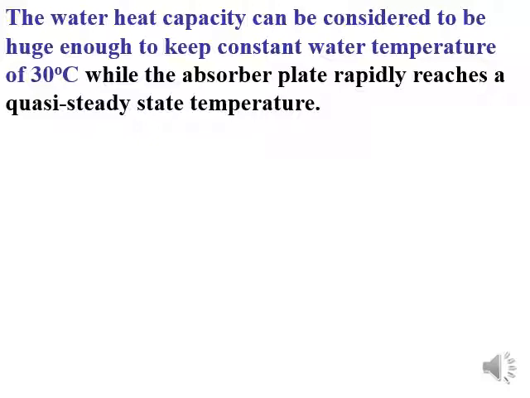This will keep the lower surface temperature at 30, while the absorber plate rapidly reaches a quasi-steady state temperature, as we mentioned, that these boundary temperatures will remain relatively fixed within time.